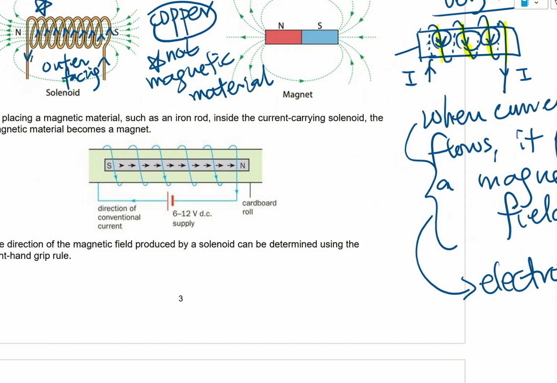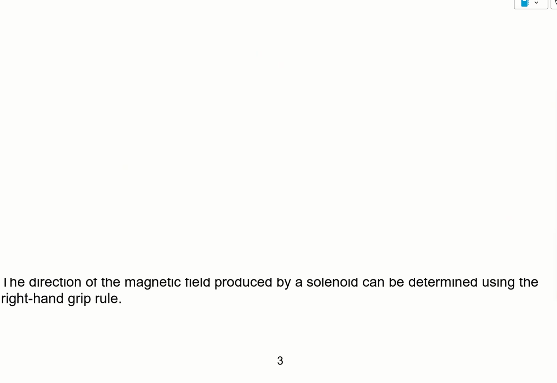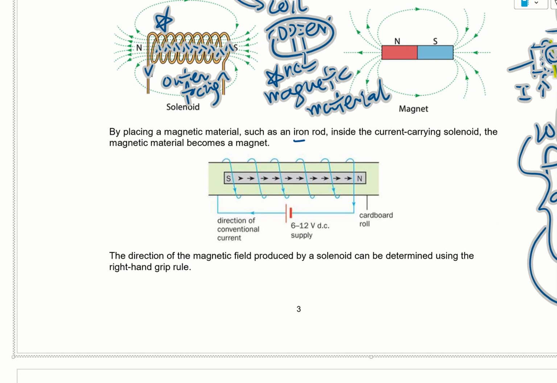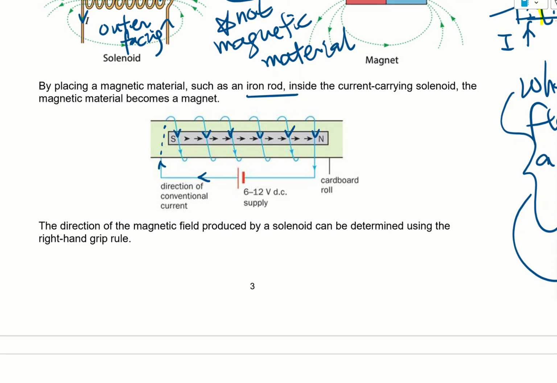So now if we switch to an iron rod inside here, we have current flowing this way. It goes to the back, which I'm not interested in. I'm interested in only the front part of the coil that is visible. So you need to draw the current's direction. Now how did this become a north pole?